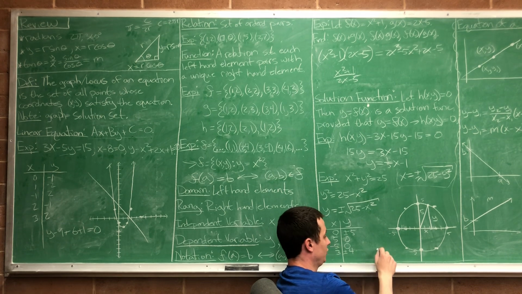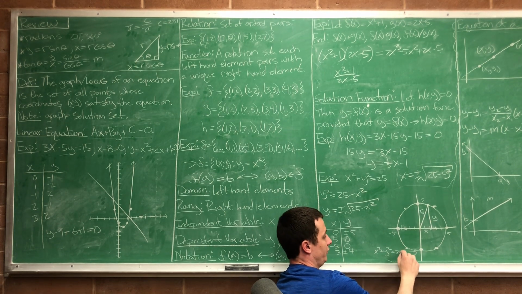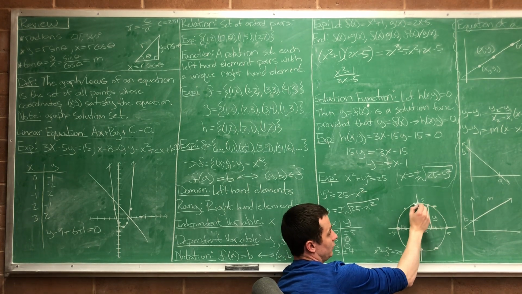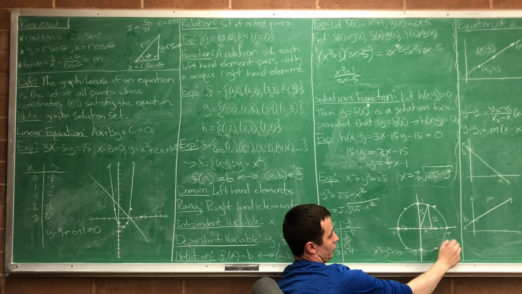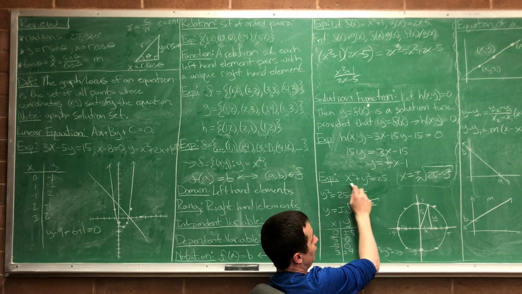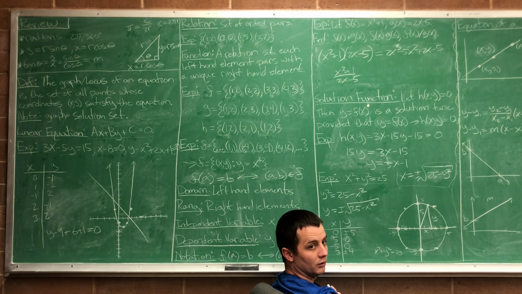The Pythagorean theorem says x squared plus y squared is equal to 5 squared, 25. So every point 5 units from the origin is satisfied by this equation. Does that make sense? So this is the equation of a circle with radius 5. Good?